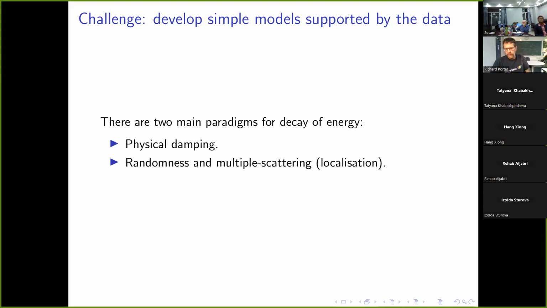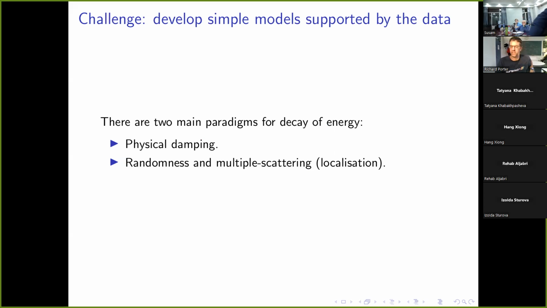So I'm referring here to Anderson localization, which was originally discovered in the 1950s to do with lattice systems in quantum mechanics. So both my feet now are firmly in the second of these two. I'm going to look at the possibility that it's multiple scattering and randomness which creates this attenuation.